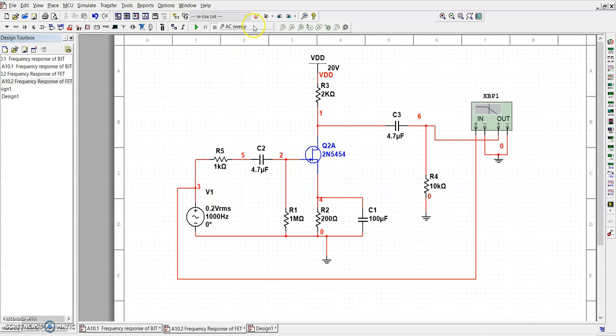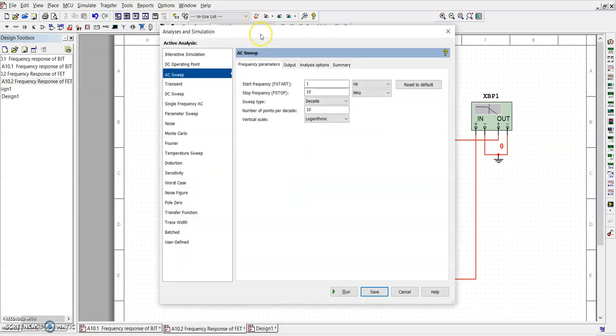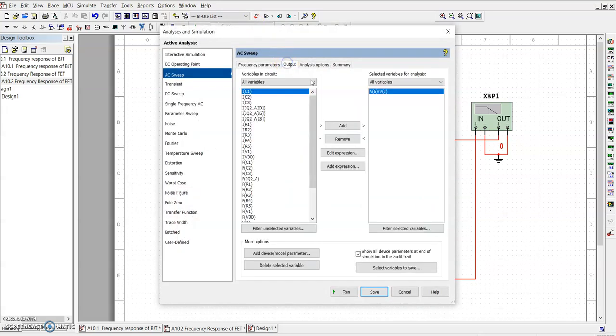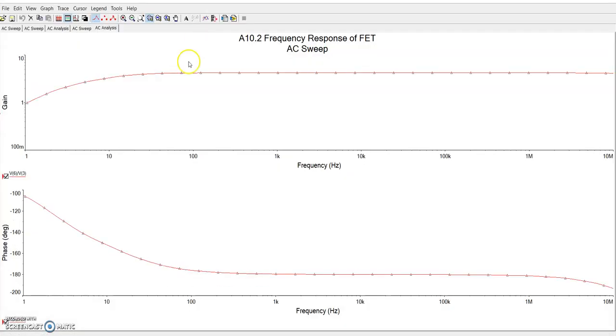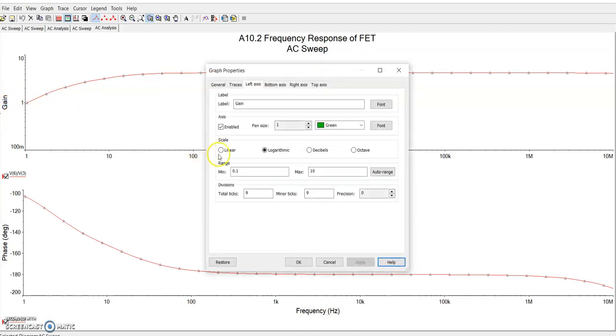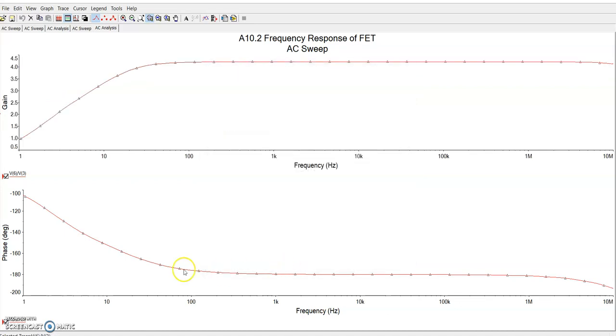So go to AC sweep, output, and I have already added the expression output voltage by input voltage. Here our output voltage is 6 and input is 3, so I have given it. You can run here also. Okay, run. And make sure your gain is in linear or decibels. I'm going to give decibel.